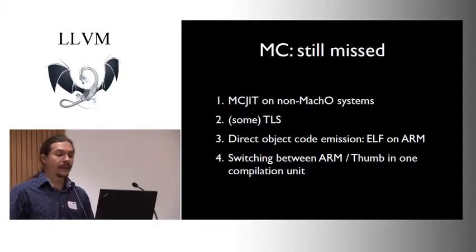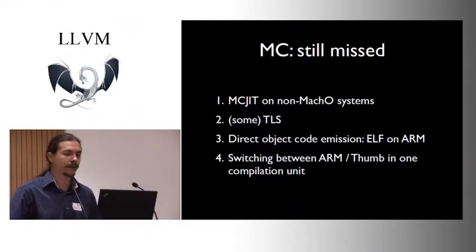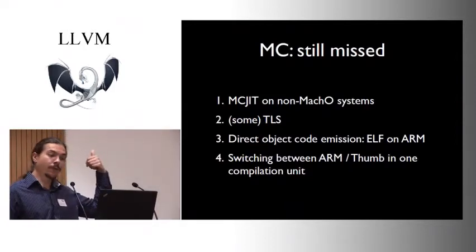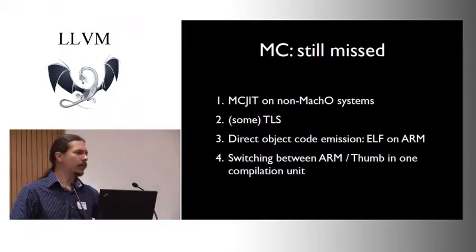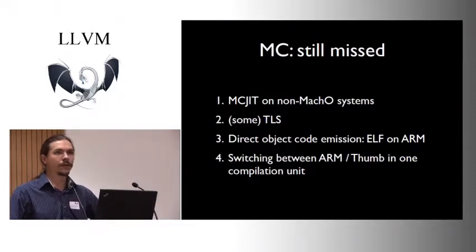Not everything connected with thread local storage is supported in the machine code, so some relocations are probably missing and maybe something else. Point 3 is connected with point 1 here, so probably there are some glitches in the ELF emission on ARM, so probably not all relocations are supported, and one should just thoroughly check and fix remaining problems.